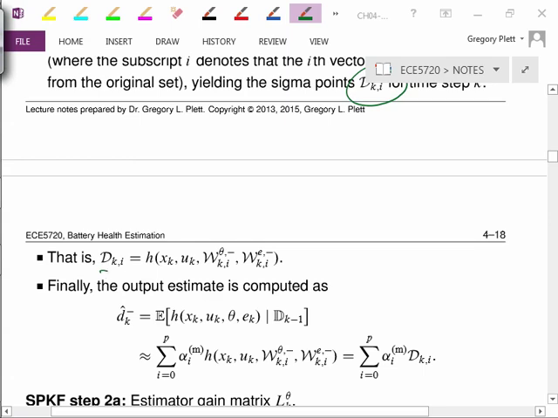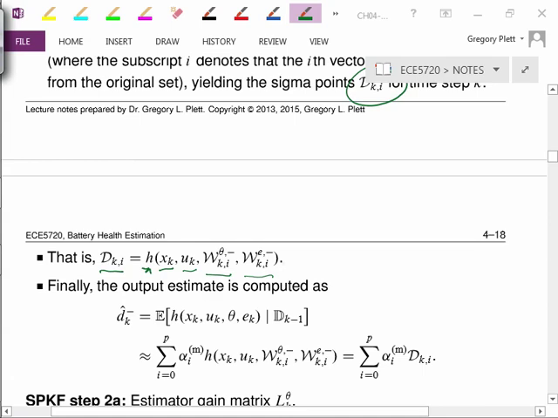That means that any one of these output sigma points is the output function evaluated at the known, precisely known state, the precisely known input, the sigma point for theta, and the sigma point for the sensor noise.